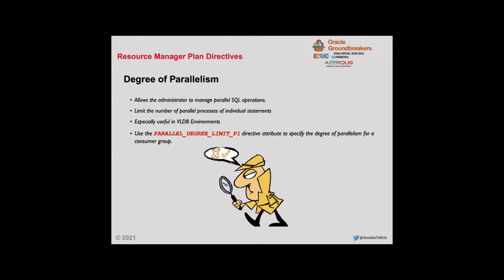The degree of parallelism specified in the parallel clause of a table or an index takes effect only when parallel degree policy is set. Use the PARALLEL_DEGREE_LIMIT_P1 directive attribute to specify the degree of parallelism for a consumer group.